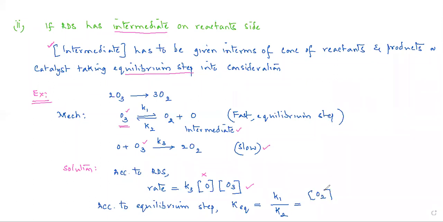So that can be given as O2, simple, products by reactants. Concentration of the products by the concentration of reactants. That is, of course, the expression for equilibrium constant, right? From this, we can get the expression for the concentration of oxygen, and that, of course, will be substituted in this expression. We'll see that.